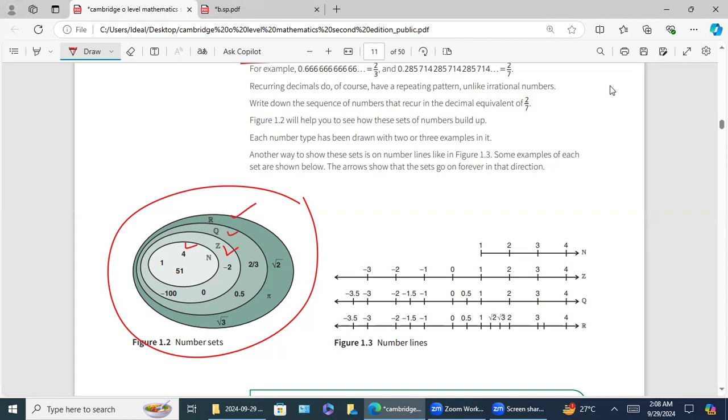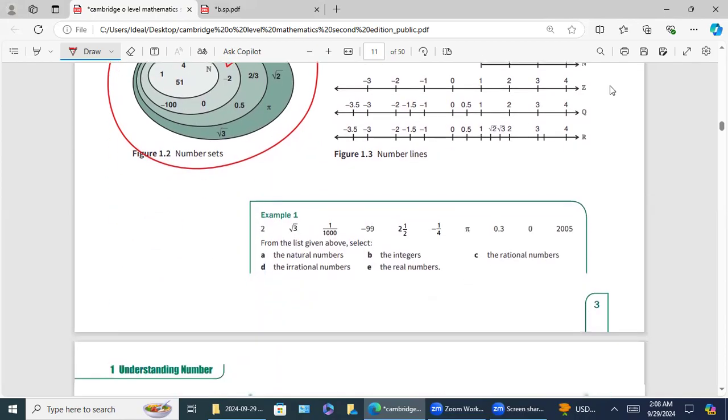So I already defined and explained that the real number is a big superset of all numbers. All numbers in the universe are real numbers. So this is a graph of this number example.